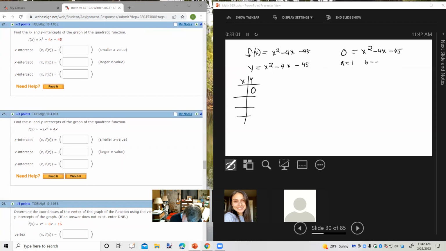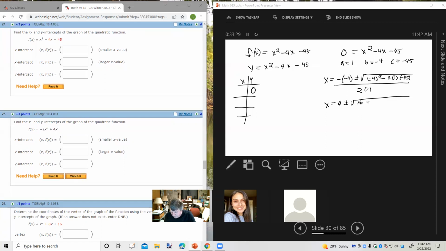A is 1, b is negative 4, and c is negative 45. So x equals negative b plus or minus the square root of b squared minus 4ac, all over 2a. X equals 4 plus or minus the square root of 16 plus, let's see, we've got minus 4 times 1, which would be negative 4, times negative 45, which would be a positive 180, all over 2.